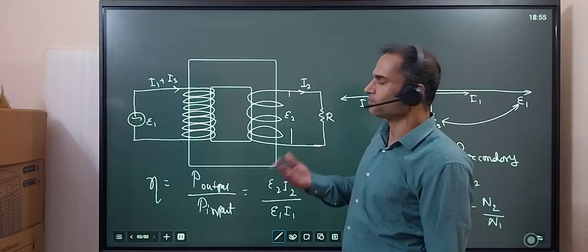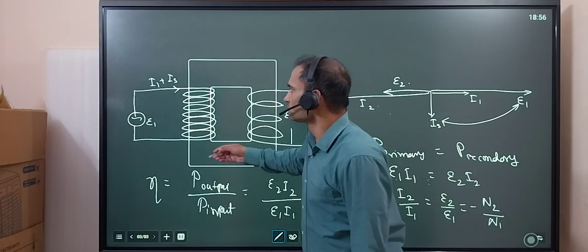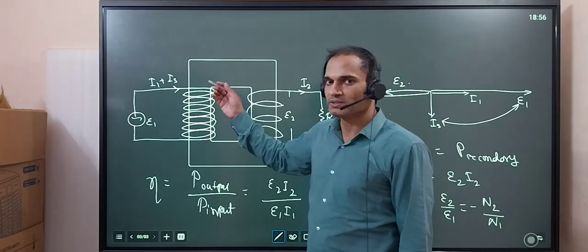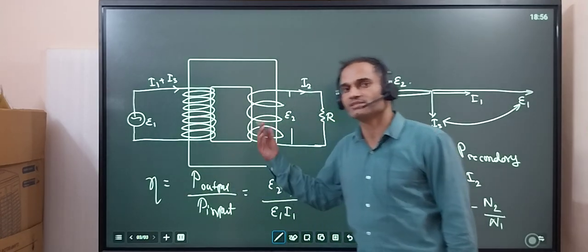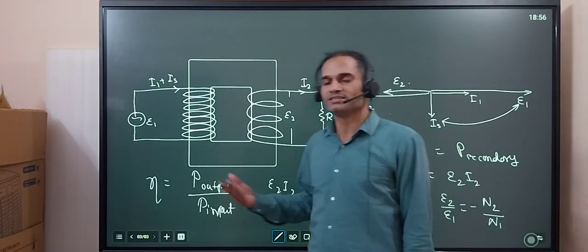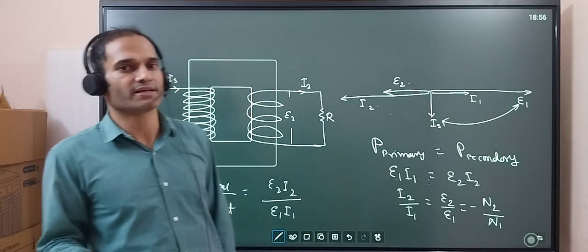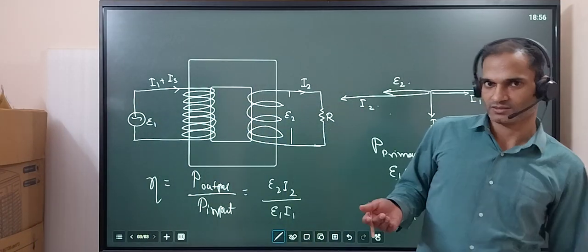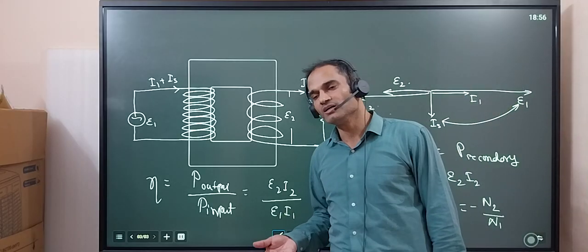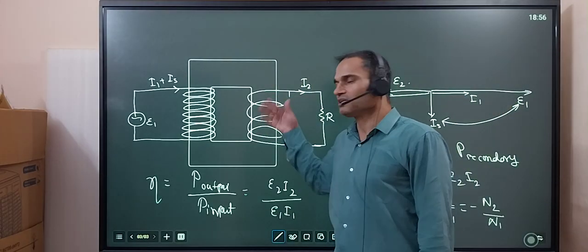Apart from that, this flux is coming into the picture, but this flux is changing. Because there is a change in flux, there will be eddy current, and those eddy currents will be opposing the original flux.